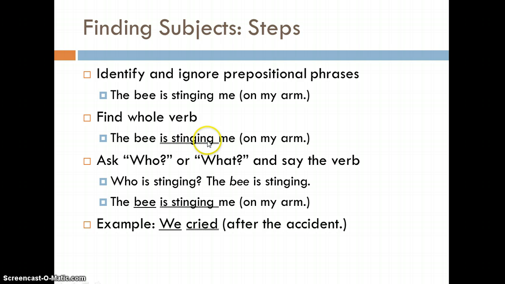Remember that verbs that end in ing also must have a form of to be if they are part of the verb, and in this case is forms part of the whole verb with stinging. So is stinging is the whole verb. Then our next step is to ask who or what and then say the verb. So if we ask who is stinging, well, the bee is the one doing the stinging. So bee is our subject.